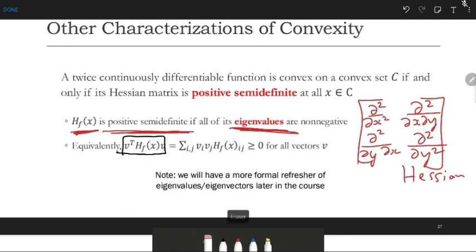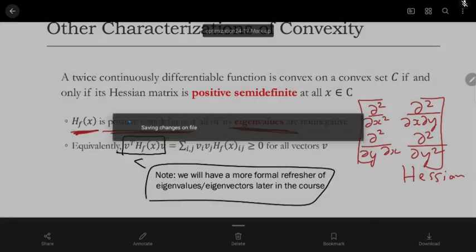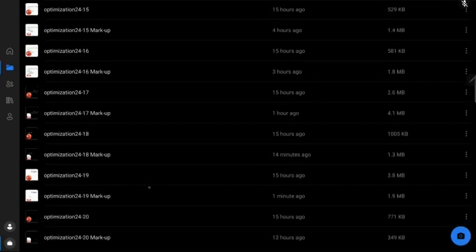If it is strictly less than zero, it is negative definite. But what is this v? V is for all vectors. What vectors? Okay, apparently we will have more about this later. Anyway, going back, now I got some clarity about what is positive semi-definite, negative semi-definite, and so on.